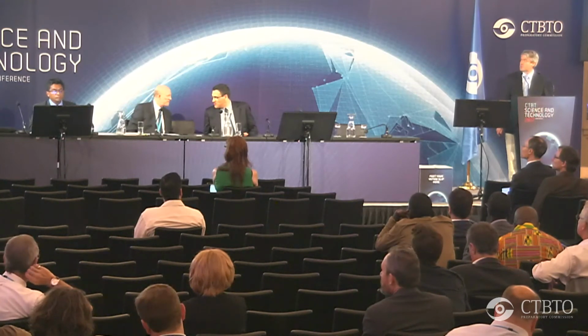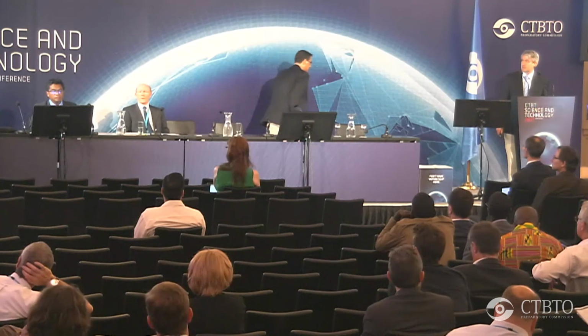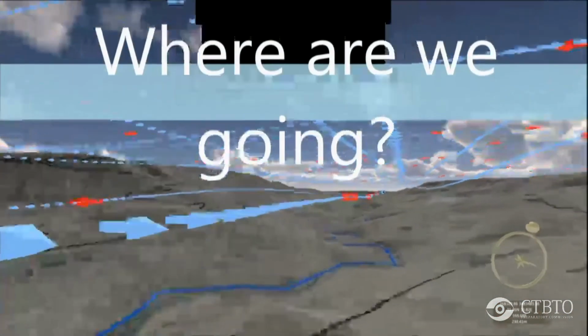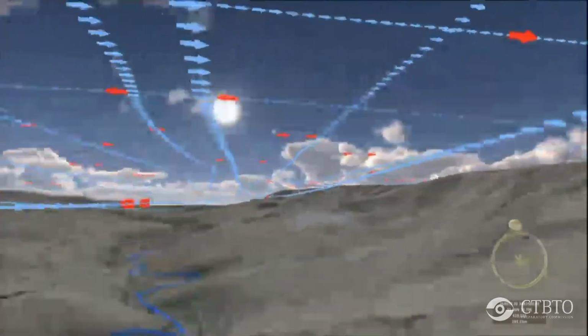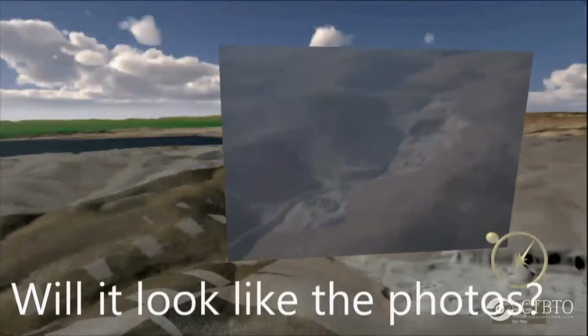Okay, I'm going to be reporting on work that we've been doing using a 3D visualization capability, building interactive 3D environments to help improve on-site inspection operations, which leads us to think about questions that the inspectors might be asking, such as, where are we going? What might we see on an inspection?